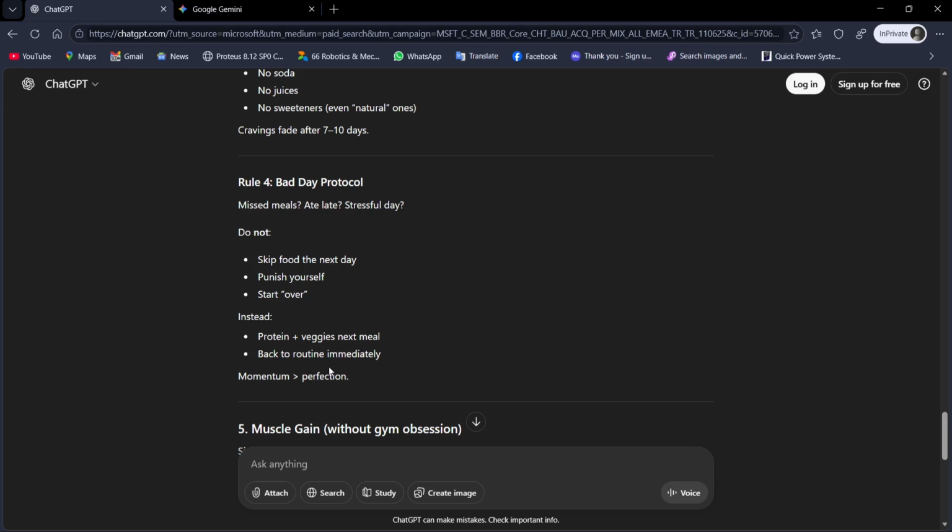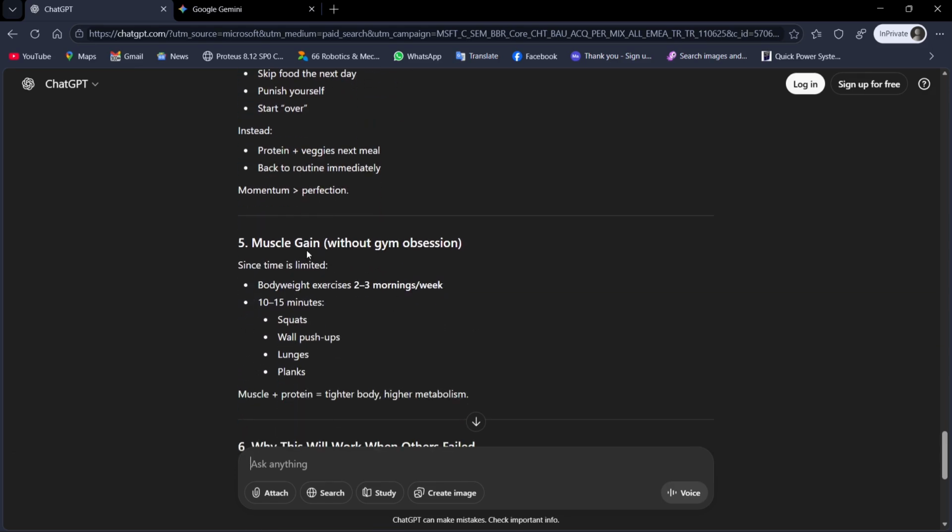What you should do instead is take protein and vegetables for your next meal, and then go back to your routine immediately. It's great advice, right? But I think one thing which should definitely be said in this support system is don't break your routine every day, because if you break your routine every day, basically you've changed your lifestyle already.